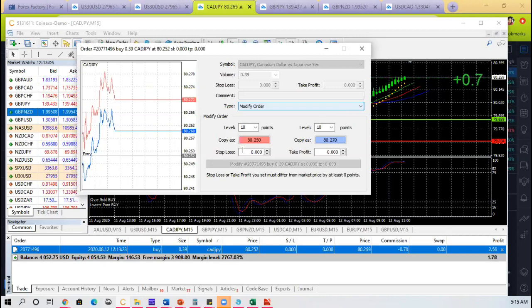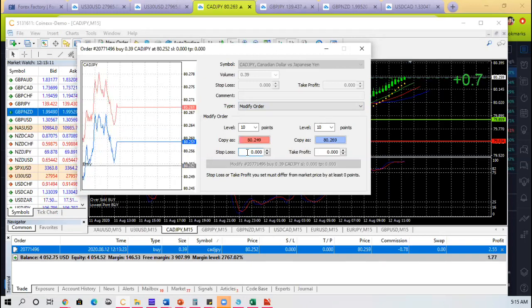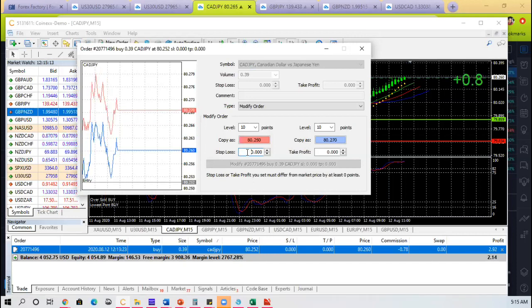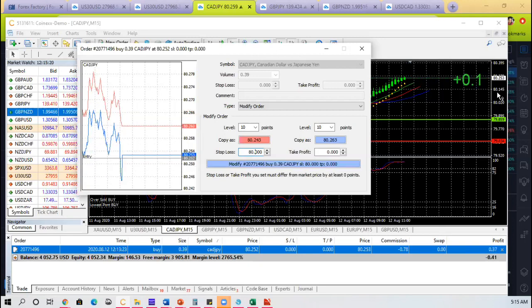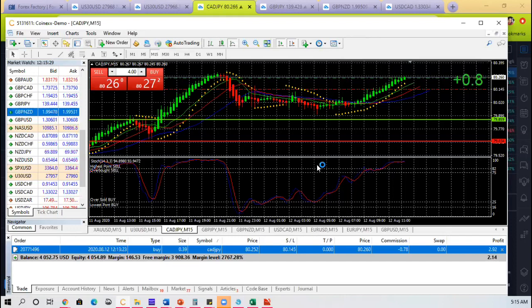Okay, so I'm going to come over here to my stop loss box, and I'm going to put my number in that I'm looking at right here, 80145, and then I'm going to go ahead and set it. Okay, so my stop loss is set. My trade is running. We're in profit.